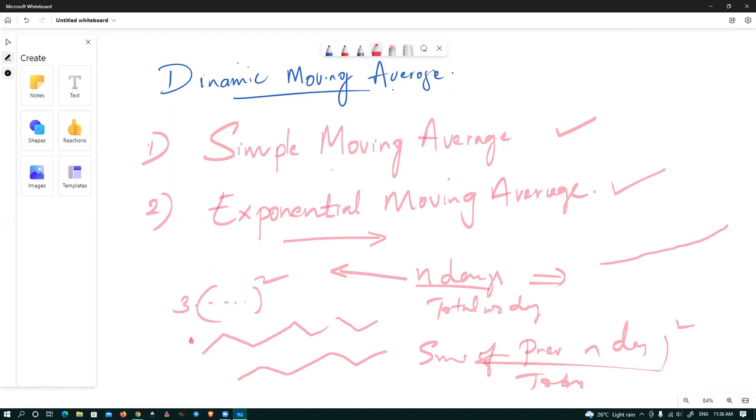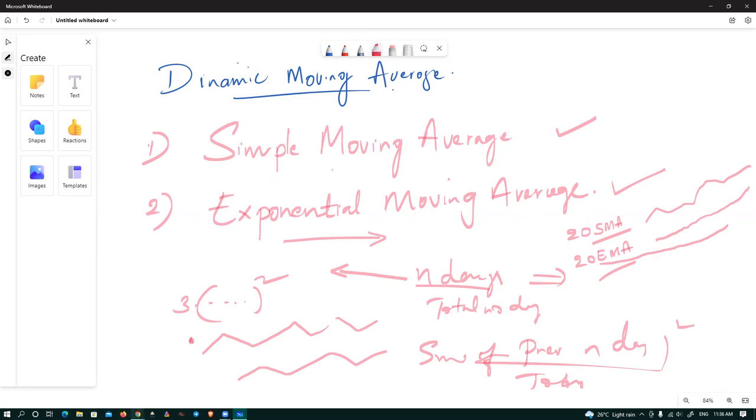If you take 20 simple moving average, we call this SMA, and if you take 20 exponential moving average, we call it EMA. The plotting is very different, and you can see a lot of noise in the simple moving average. If you see the 20 exponential moving average, the noise is very little.